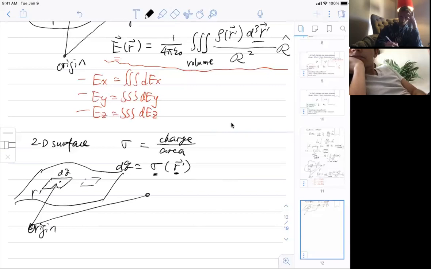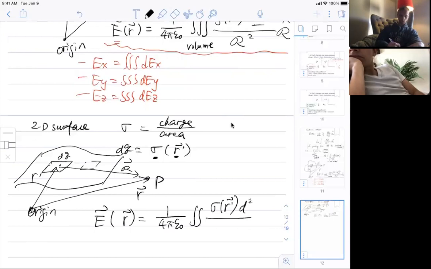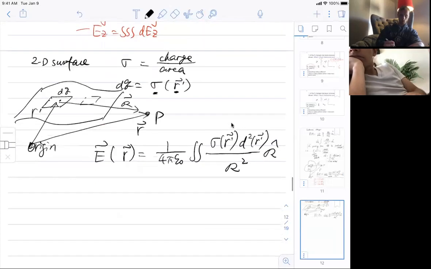And here you're evaluating what is the field at point P. Again, script R. So E is very similar to previously, but it becomes sigma, and it becomes the area, and script R follows. And again, the same thing for a one-dimensional line charge.